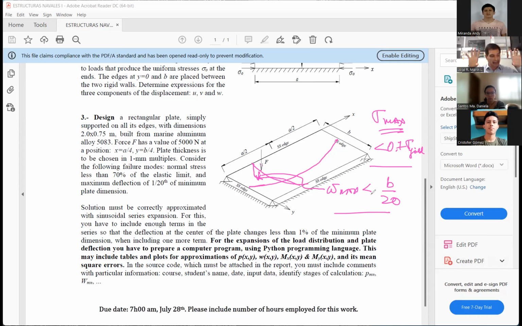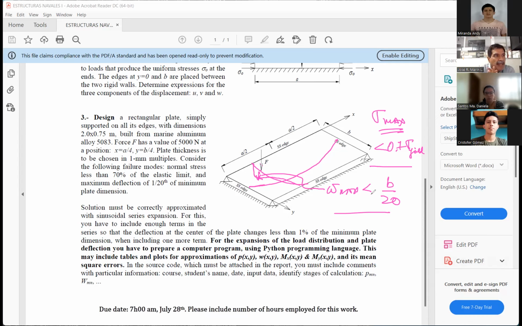We don't want the stress to be close to the failure, but also we don't want the deflections to be too large. If you see something that deflects a lot, even if it doesn't fail, you feel like, oh man, that's a lot of deflection. So we have to consider both aspects.